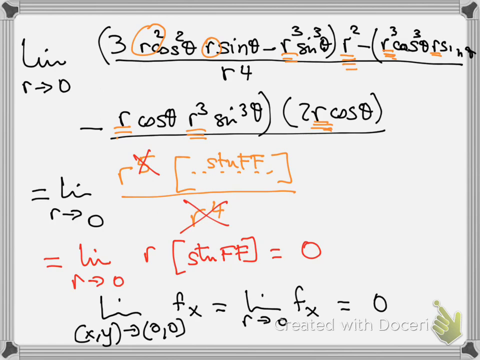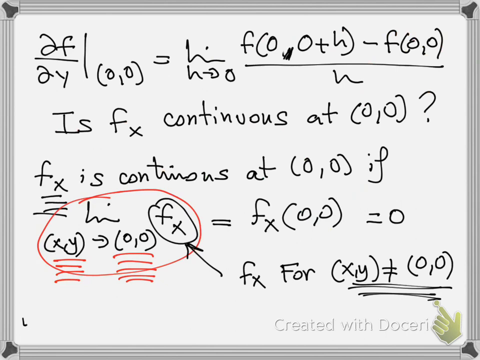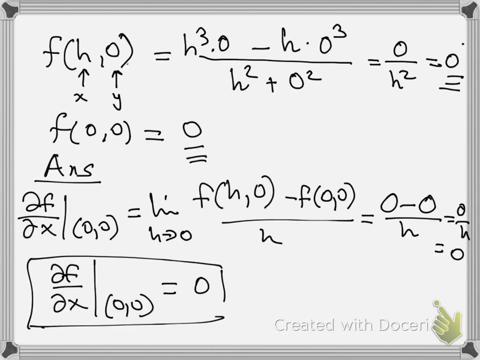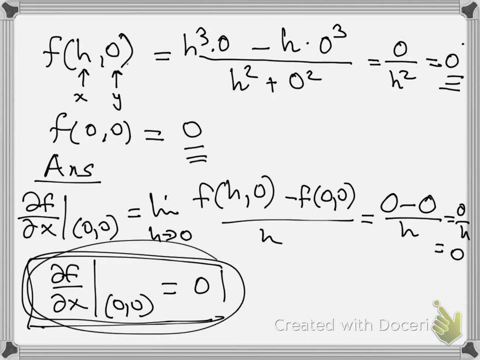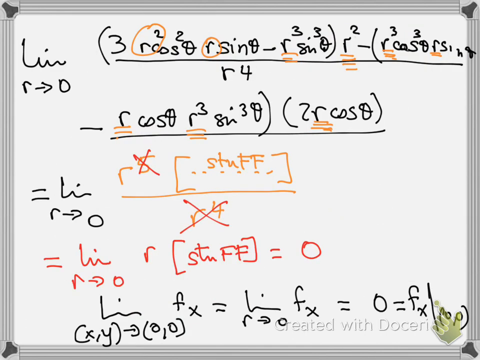And that's exactly the derivative of f with respect to x at the point 0, 0, right? That's what we computed in the first part of the problem, right? So we said partial f partial x at 0, 0 is 0. So this 0 here is exactly equal to the value of the partial derivative of f with respect to x at 0, 0. So the answer to the question, yes.